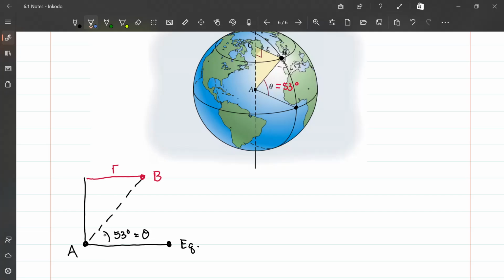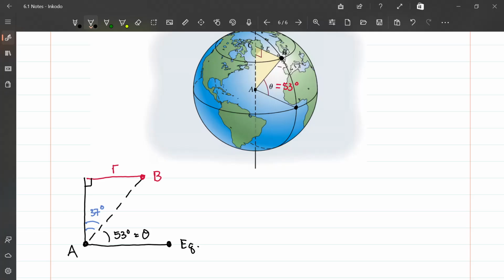Because I know that from this line between A and the equator up to this vertical line here above A, we have a right angle, it must be that the angle inside the triangle right here is complementary to 53 degrees, and that makes it 37 degrees. That's thing one. So we now have an angle inside our right triangle here, and let me remind us of that right now. This right here is a right triangle, just like it says in our picture.